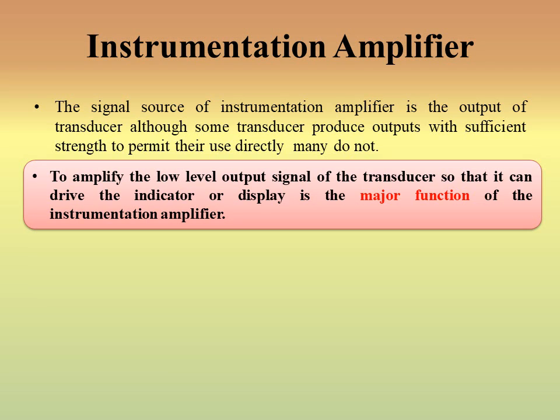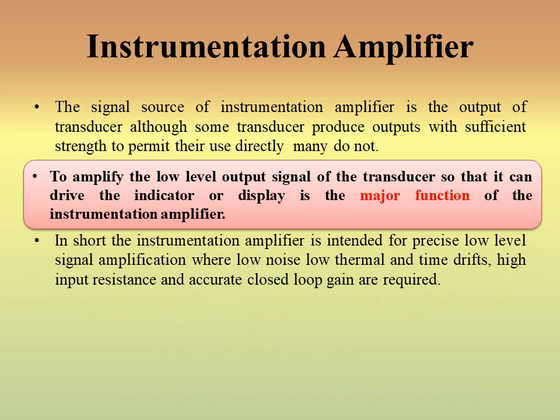So basically the output signal after passing through the instrumentation amplifier should be able to drive the indicator or display the results, the final results. That is the main function of the instrumentation amplifier. Basically it is only amplifying the signal that is coming from the transducer.